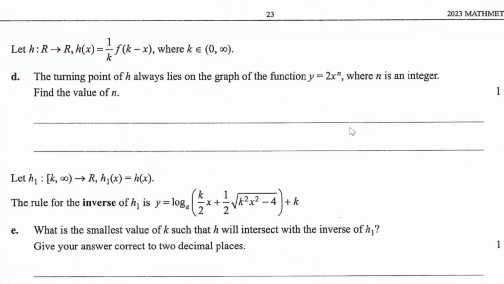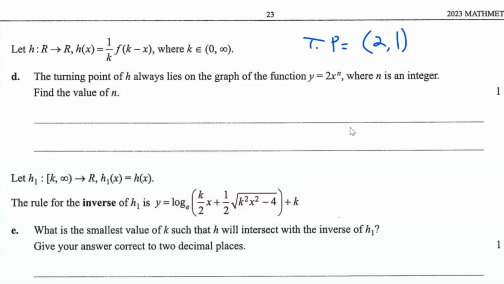Alright, so now the turning point of h always lies on the graph. The turning point we already had is 2 and 1. So that turning point lies on this. Find n, where n is an integer.